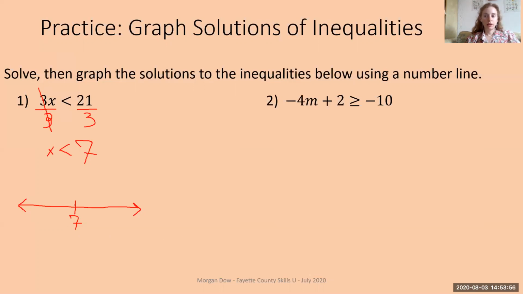So I know, and anybody who looks at this should know, that to the right of 7 would be 8, and then 9, 10, 11. To the left would be 6, 5, 4, 3, 2, 1, 0, -1, and so on. So I'm just going to keep it real simple and put that 7 there. Now x is less than 7, so it's going to be an open circle, and we're talking about numbers less than 7, so we point in that direction.